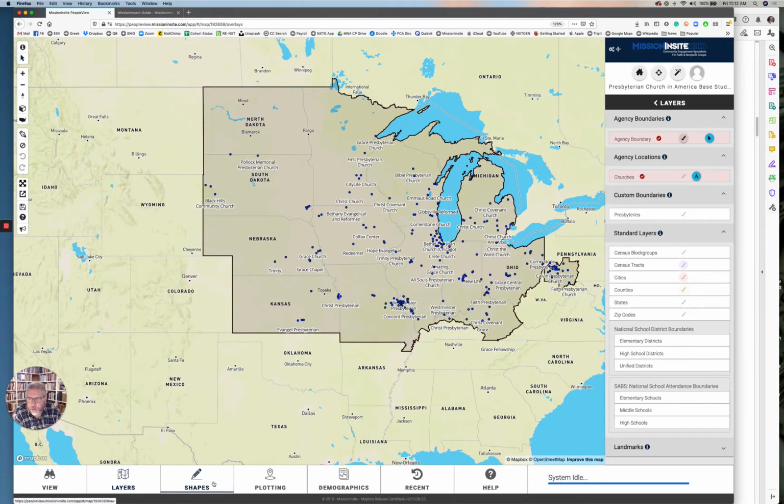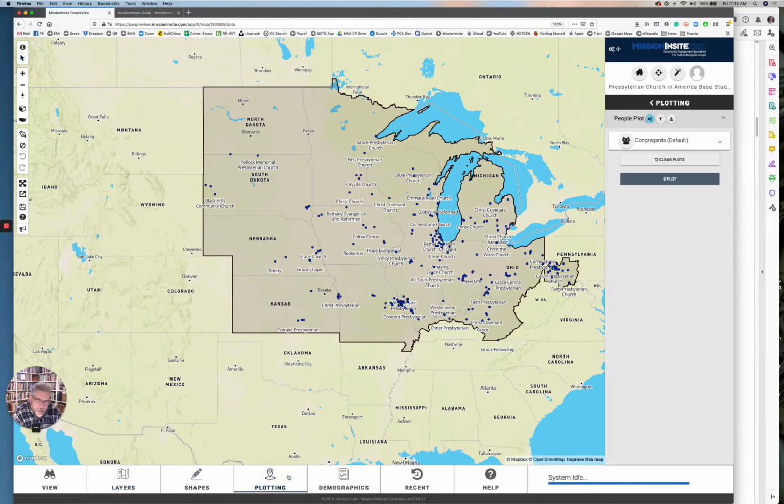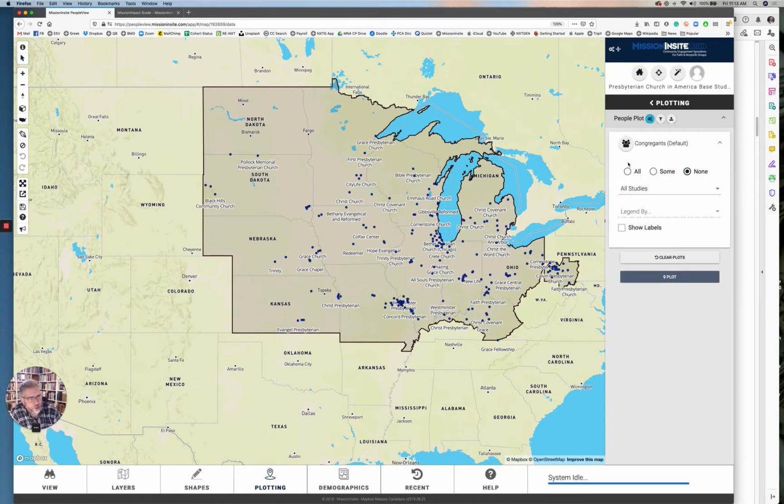Other tools down here, so we're talking about the layers, shapes. We'll talk about that in a little bit as we actually do a search. And then the other one here is plotting. Again, we're not going to spend a lot of time here. This is one of its strengths and its benefits.